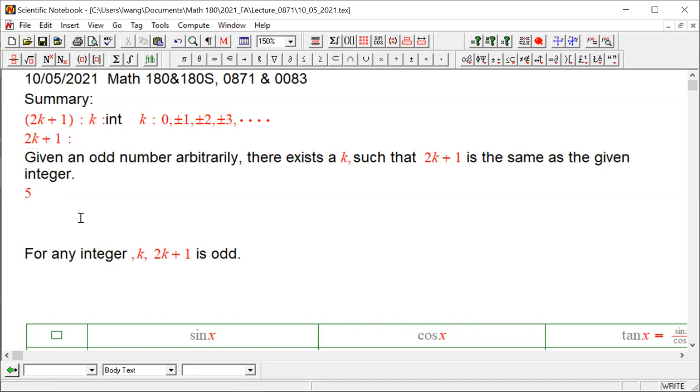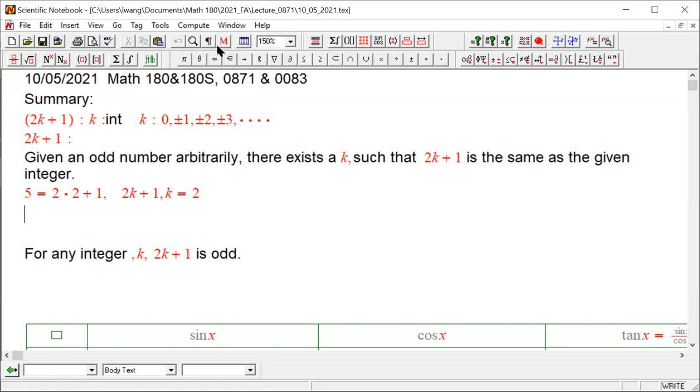Yes, where k equals 2. That's right. 2 times 2 plus 1 is 5. Isn't this in the form of 2k plus 1? Do you see that? k equals 2.